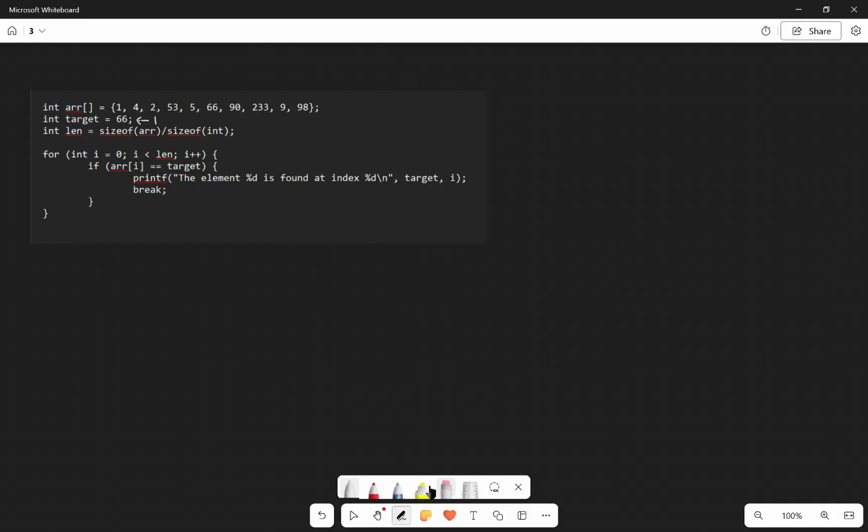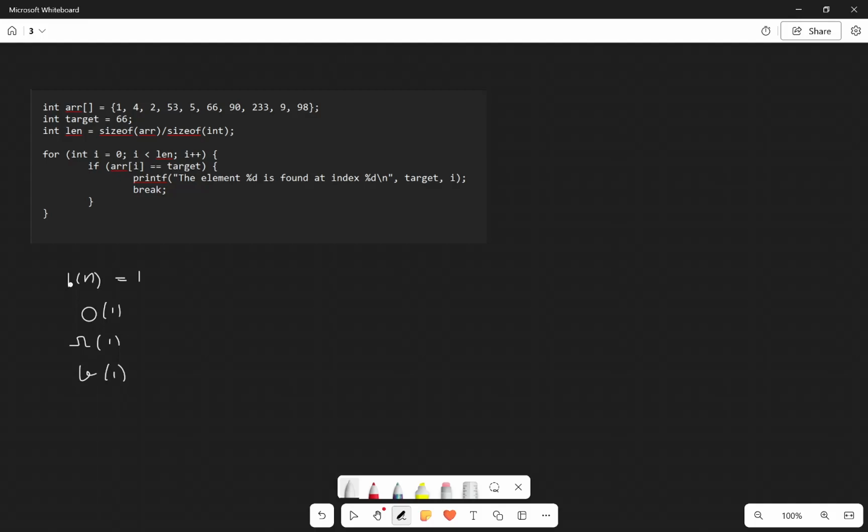All right. So in the best case scenario, it is 1. Therefore, it should be big O of 1, omega of 1, and then theta of 1.